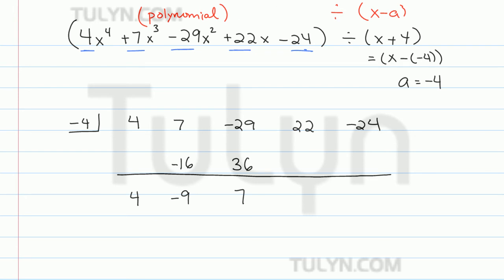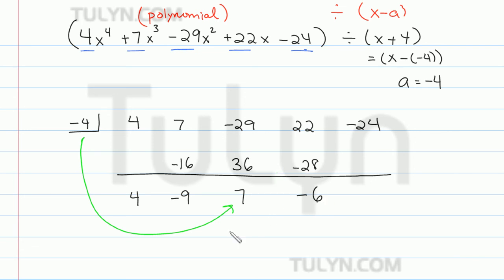So now we want to do the same step again, except now with the new term, that positive 7. So we want to multiply negative 4 times 7 and rewrite it over here under the 22. So we get negative 28, and when we add 22 and negative 28, we get negative 6.